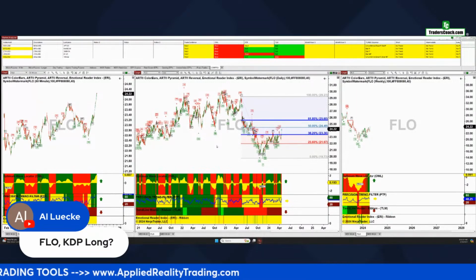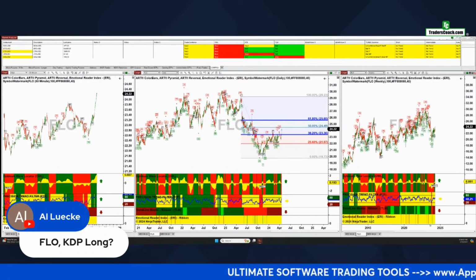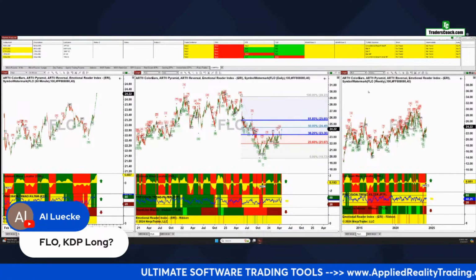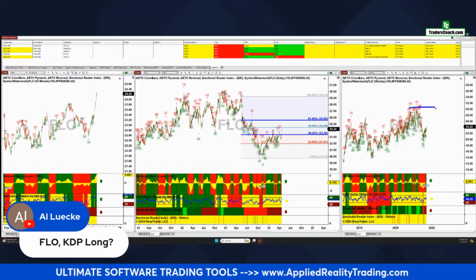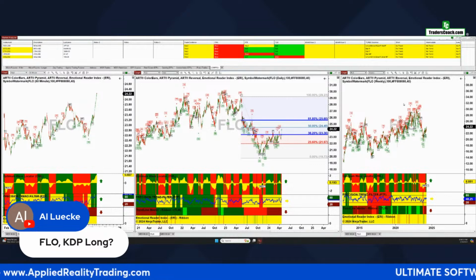So a little more highs coming here for that. I'm not going to recommend this one quite yet because if this is a major top here, then this may just be a pull up and then a head back down. Okay. So I think I'm going to stay away from that one.